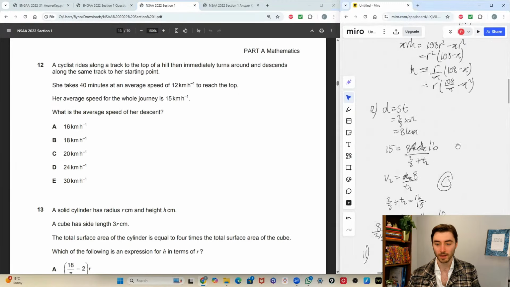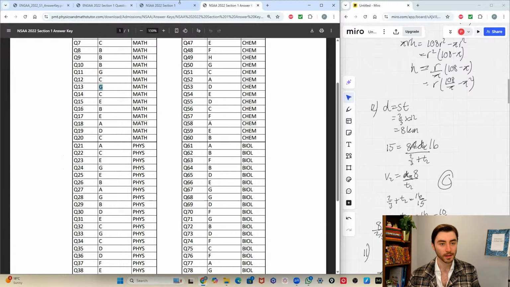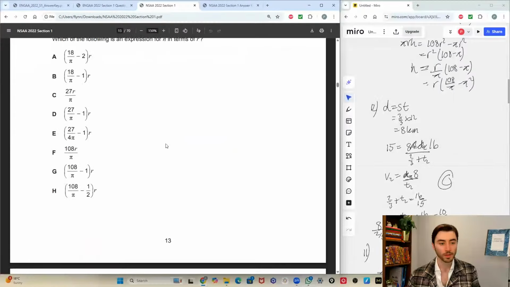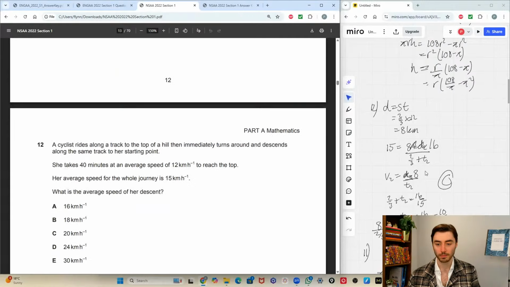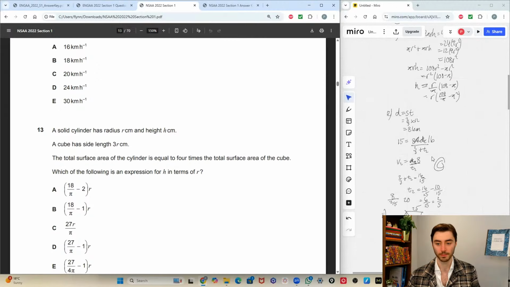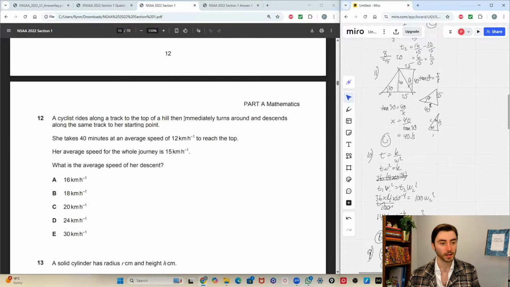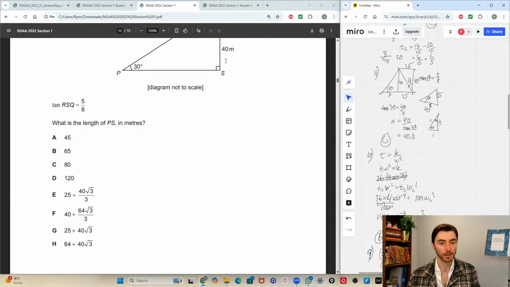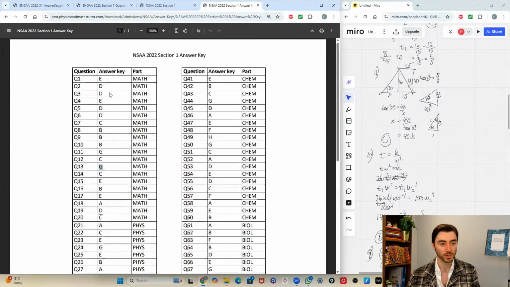12 again. So 12 I got C. So 13, nope. We're going up. 11 I got G, but wasn't hugely confident.